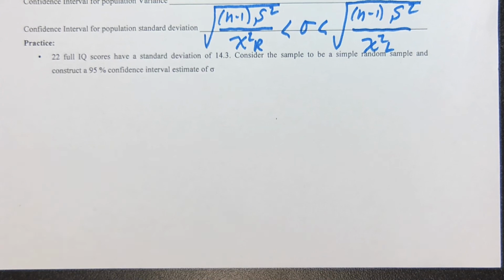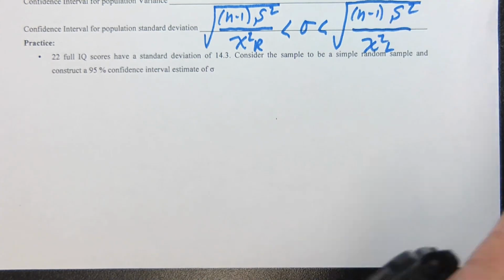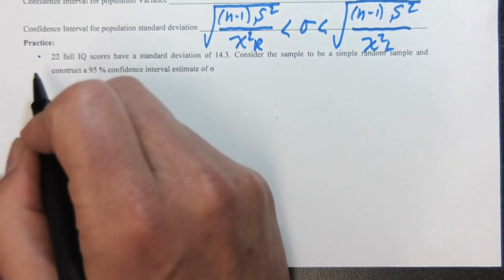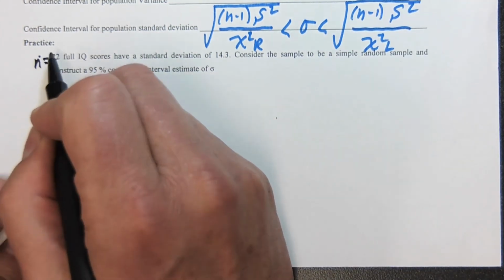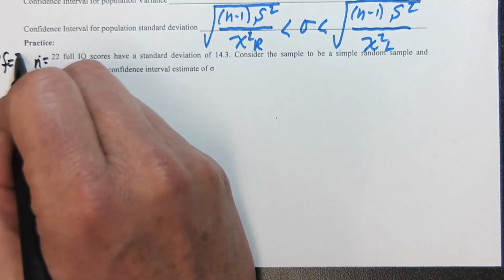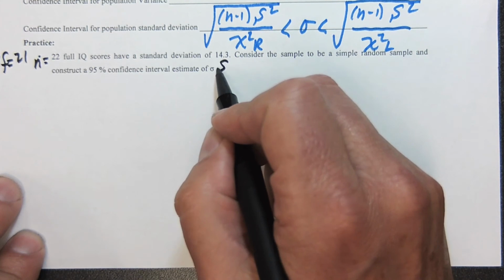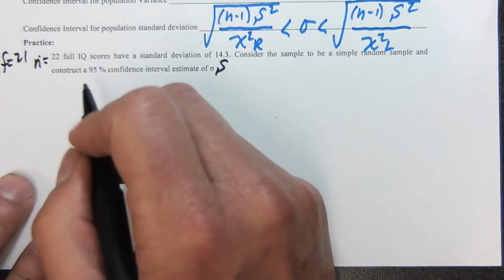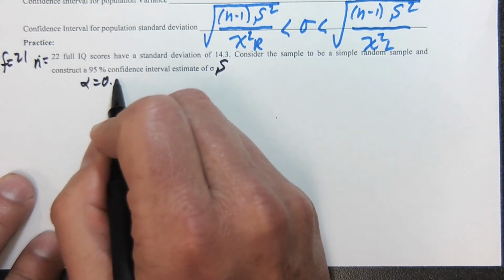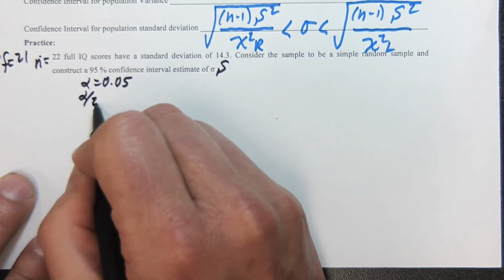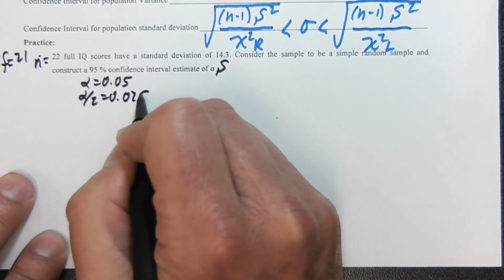And to start this out, here's n is 22, which means my degrees of freedom is 21. Here is my sample standard deviation. And in this case, alpha is 0.05, which means alpha over 2 is 0.025.